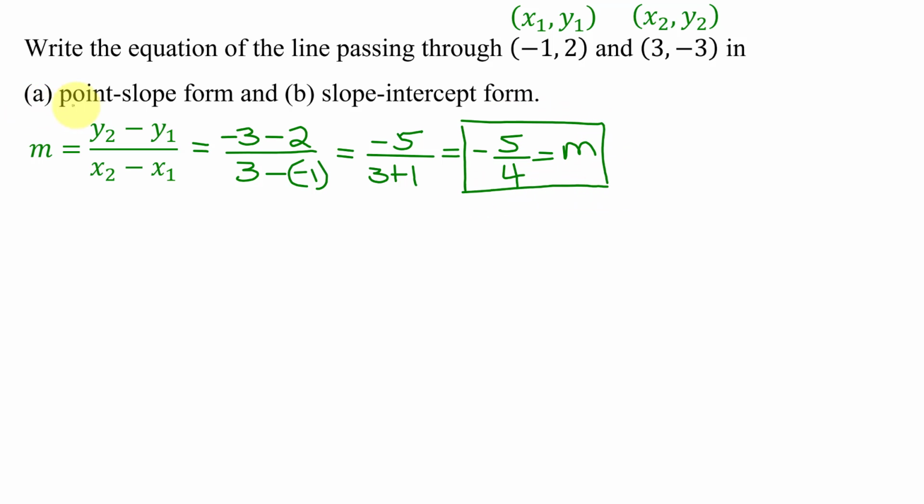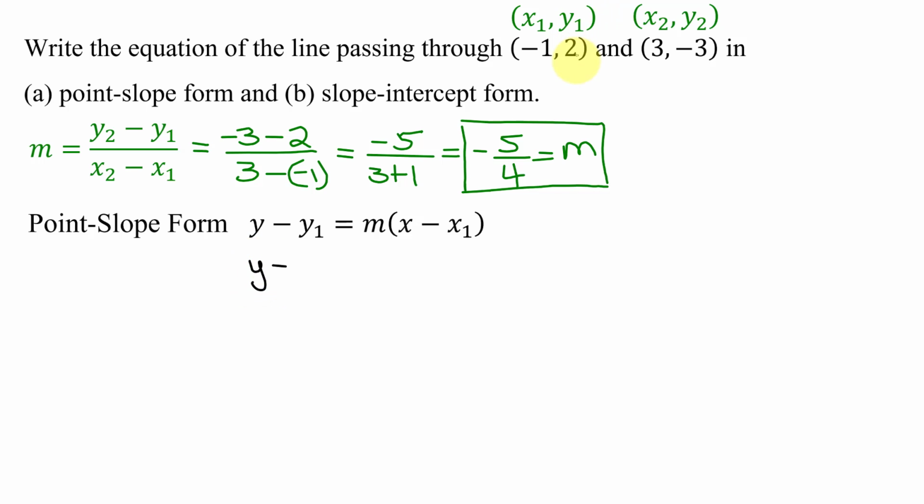Now in part A, I need to find the point-slope form that is shown here, so it's y minus y1 equals m times x minus x1. So plugging in the values, I get y minus y1, which is 2, equals m, -5/4, times x minus x1, which is -1.